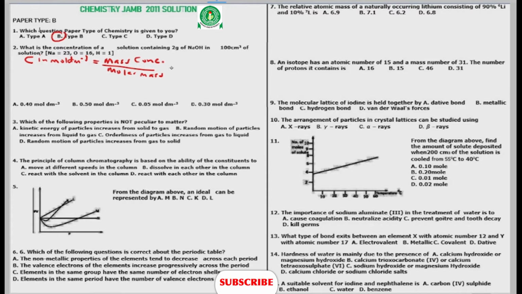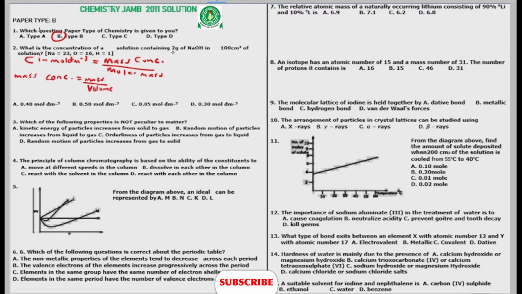Now how do we get our mass concentration and molar mass? We are told that the solution contains 2 grams of sodium hydroxide. To get our mass concentration, we use mass concentration equal to mass over volume. This volume must be in dm cube.